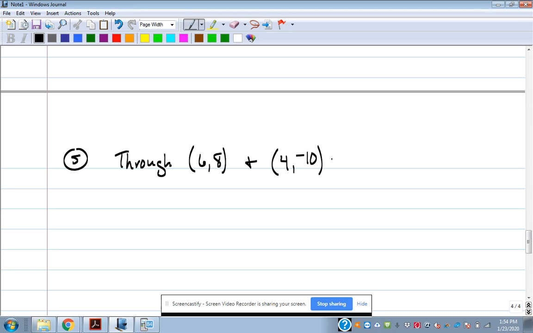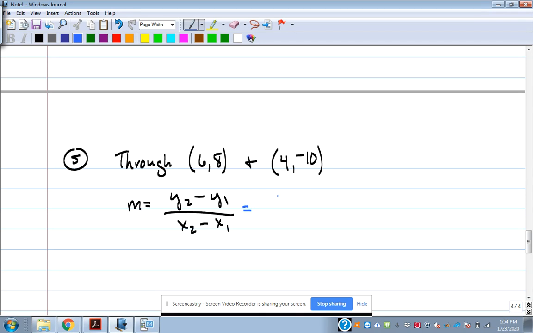Okay, yeah, the slope formula. We've got to find the slope. And y'all remember, y2 minus y1 over x2 minus x1. So that old slope formula that we used a ton of in Algebra 1 and 8th grade math, we're going to plug in the ordered pairs there. It doesn't matter if you start with the negative 10 up top or the 8. Just pick one.